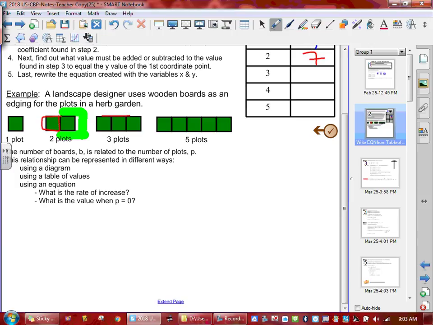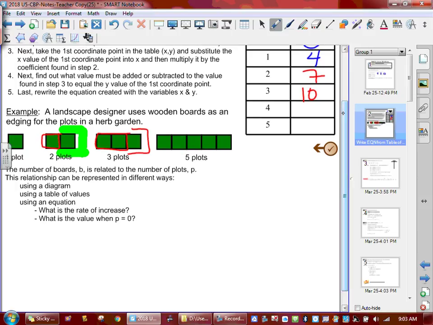So now if I know that these right here, that's 7 boards, because 2 of them is 7. What am I going to add to make my next one? You're going to add 3 more. Okay? So it's 7 and 3. 10. So now we can see a pattern in our table. I've got from 4 to 7. How did I get from 4 to 7? I added how much? 3.